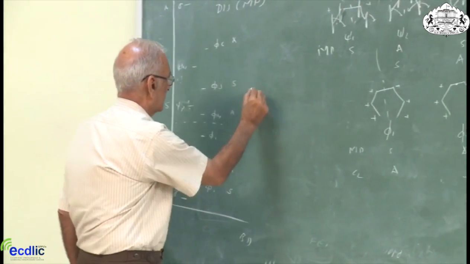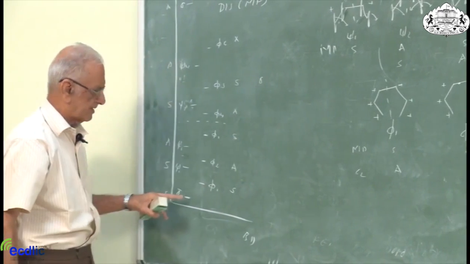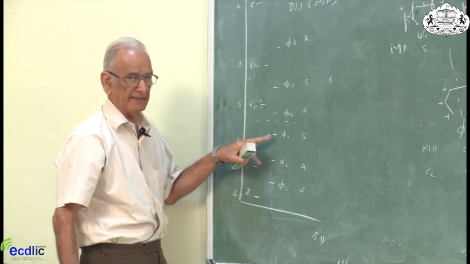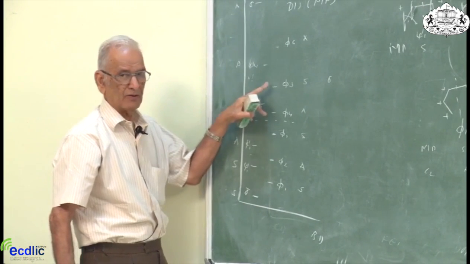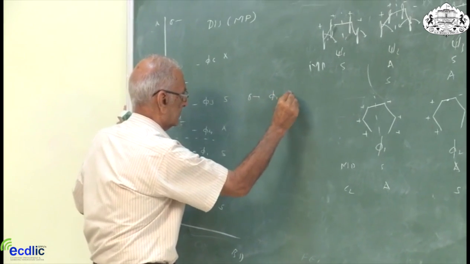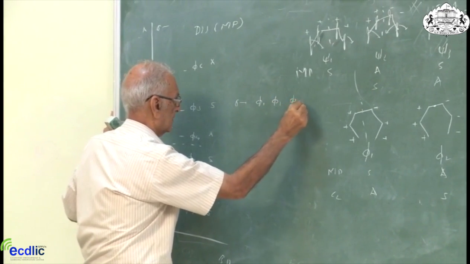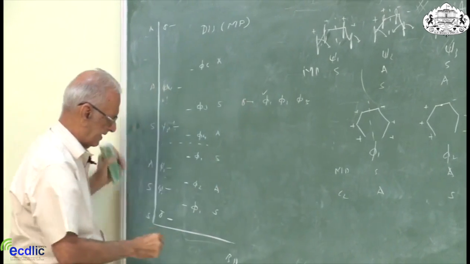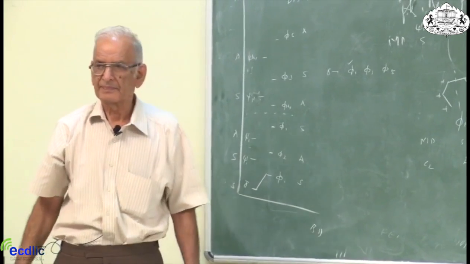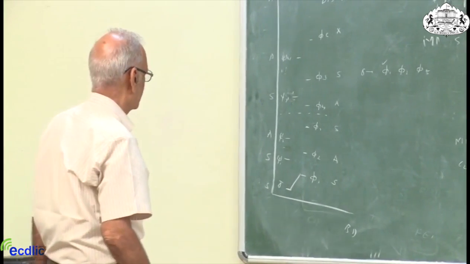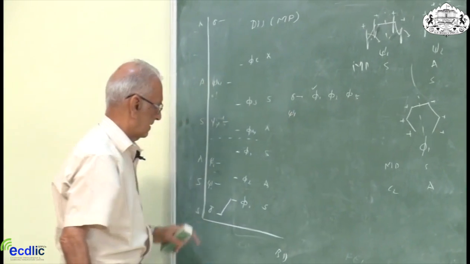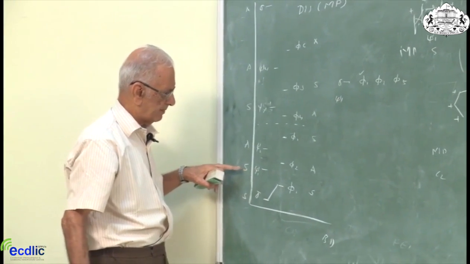Join this. Where will I join sigma? Sigma will join to phi 1, phi 3 or phi 5. Phi 3 is the one that is lowest in energy. Therefore, I join it to 5. Psi 1 is symmetric.